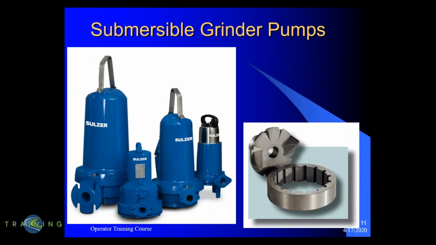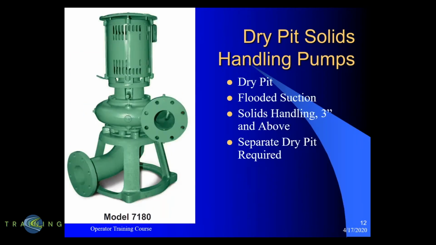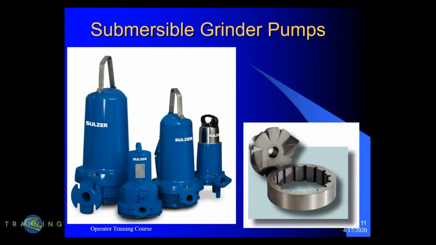Grinder pump is the next one we'll talk about. These are much smaller pumps, up through 16 horsepower. These pumps are relatively low flow and higher head applications, mostly for residential under 200 gallon a minute applications. They have a cutting mechanism on the inlet side of the impeller that shreds and cuts the raw sewage before it enters into the impeller.